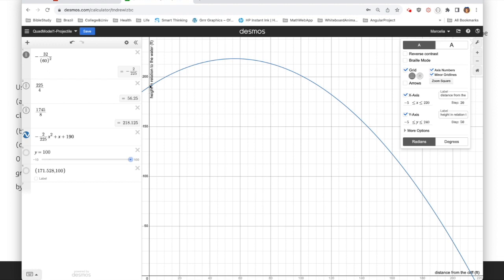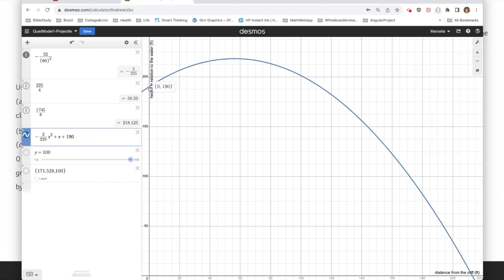So when the projectile was launched, it was at a height of 190 from the cliff, and it's right here. If I click here, I see this point (0, 190). When the projectile was on top of the cliff and was launched, the height of the cliff was 190.